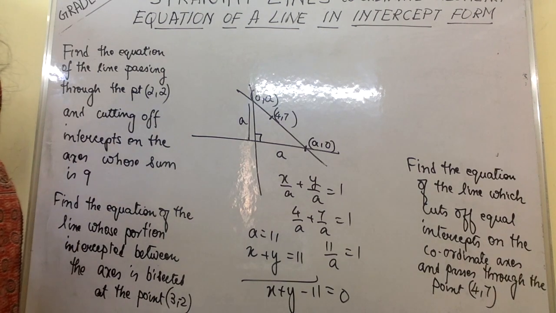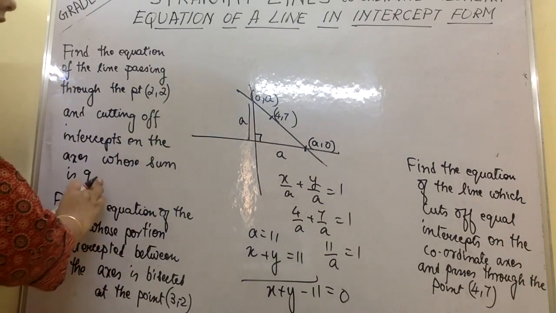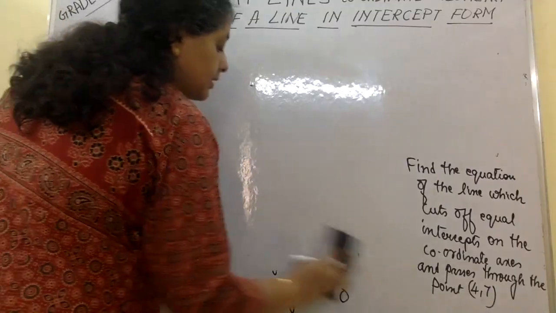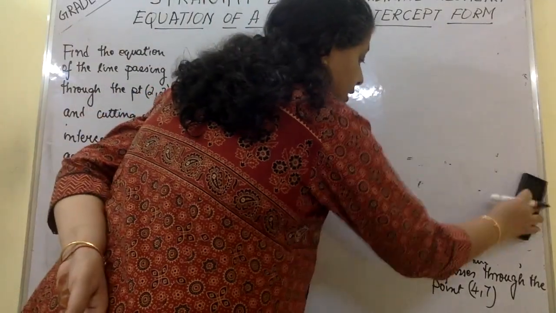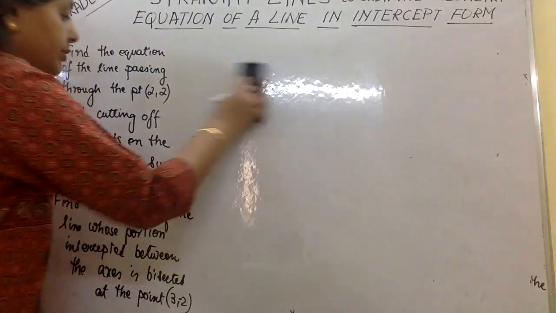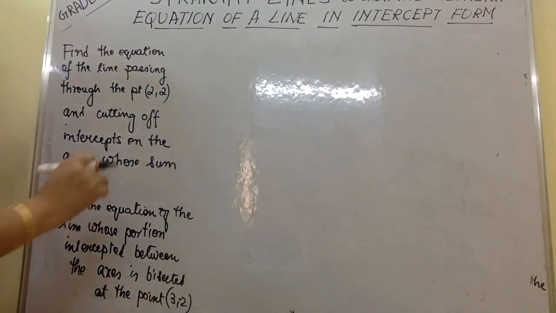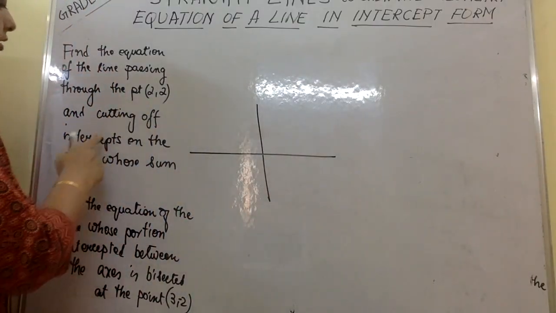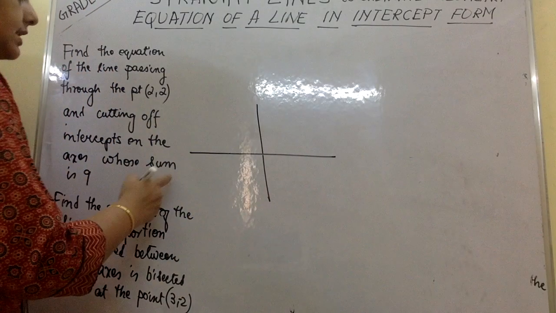Next question is, find the equation of the line passing through the point 2, 2 and cutting off intercepts on the axes whose sum is 9. Now here is a question which is slightly different and very important also. See to it that you remember this sum. It is passing through 2, 2 and cutting off intercepts whose sum is 9.